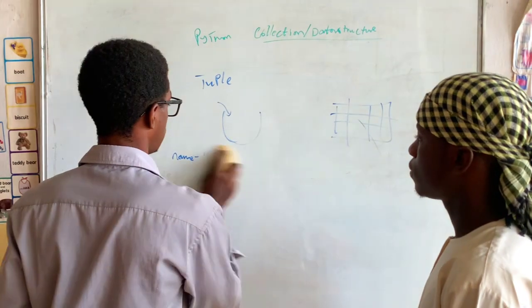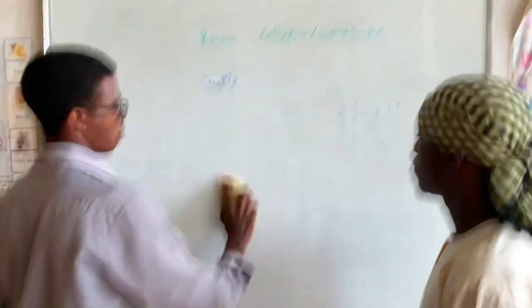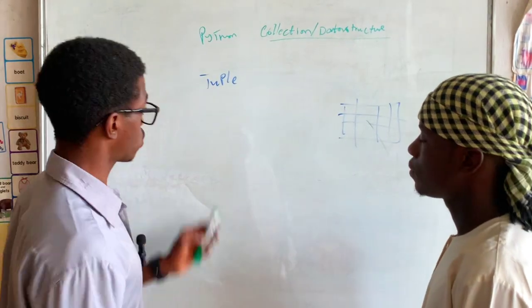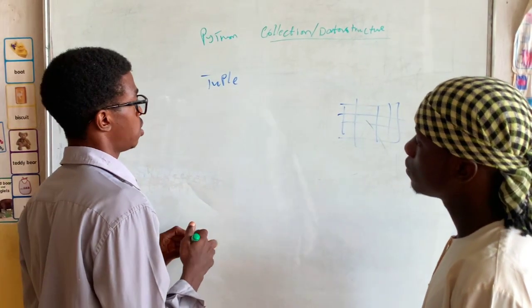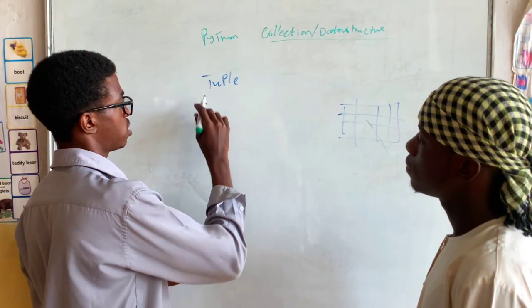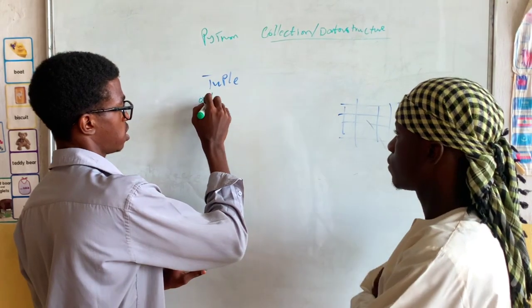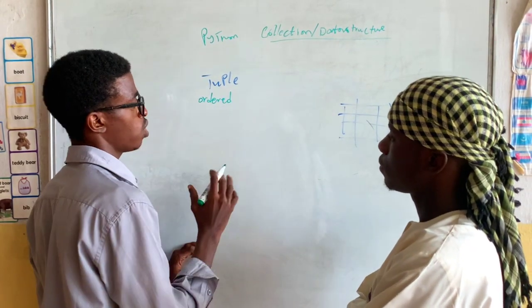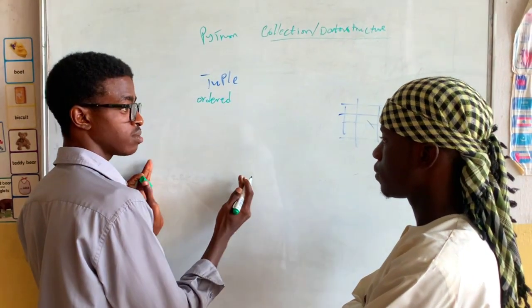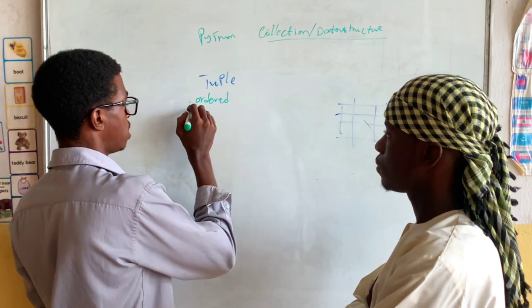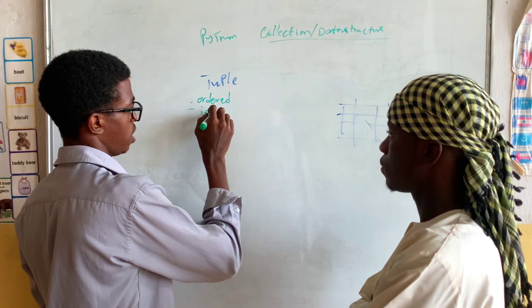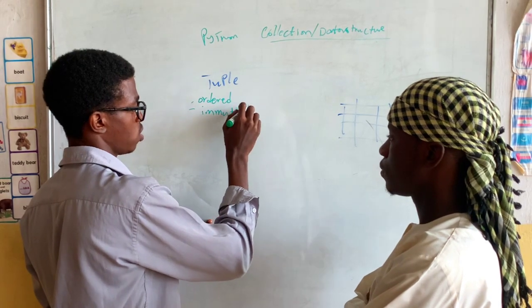So now, what differentiates tuple? Because a tuple is also a collection, we can store a lot of data inside it. So what differentiates it from list? A tuple is also ordered. When I say ordered, the way you arrange your items or values is exactly how you're going to see them. And then a tuple is immutable, just like a list is not.